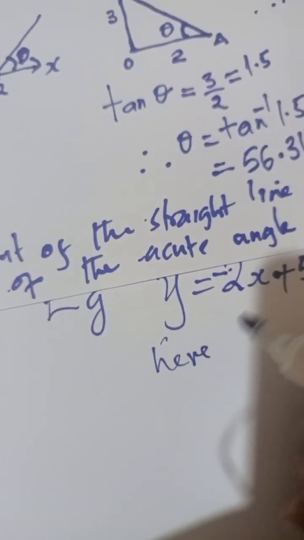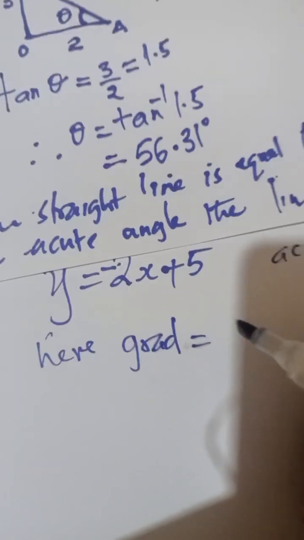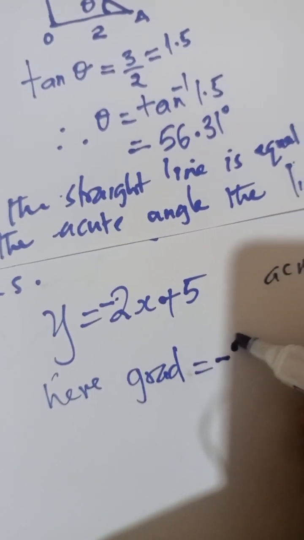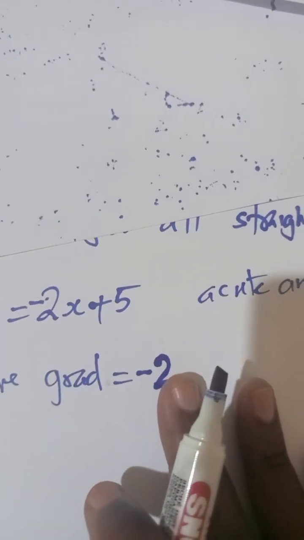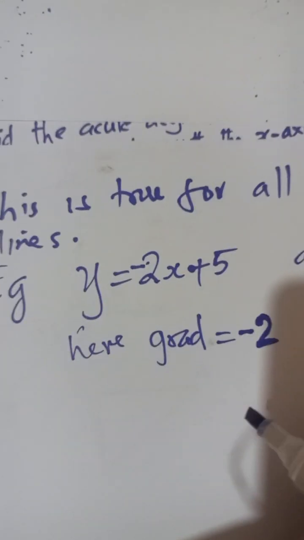Now, in this case here, remember our gradient is negative 2. Our gradient is negative 2.